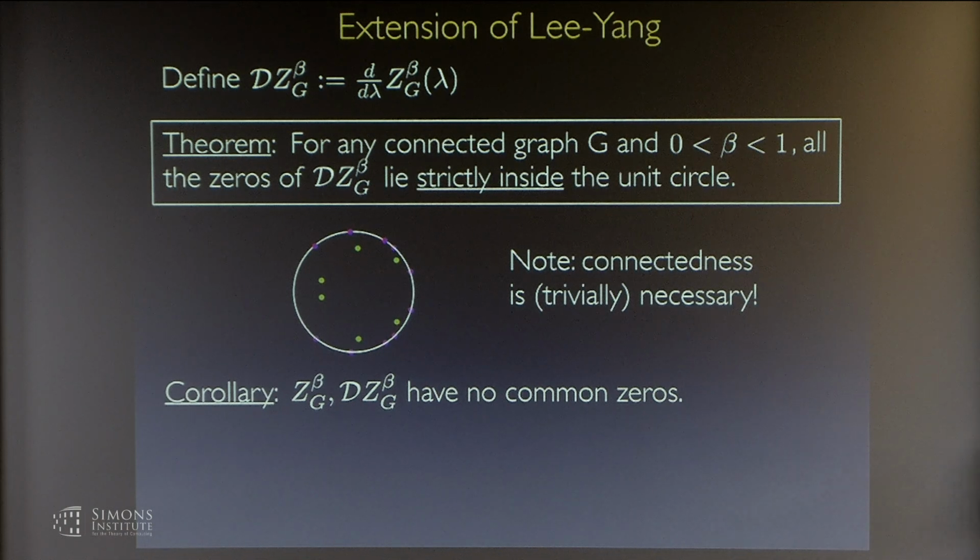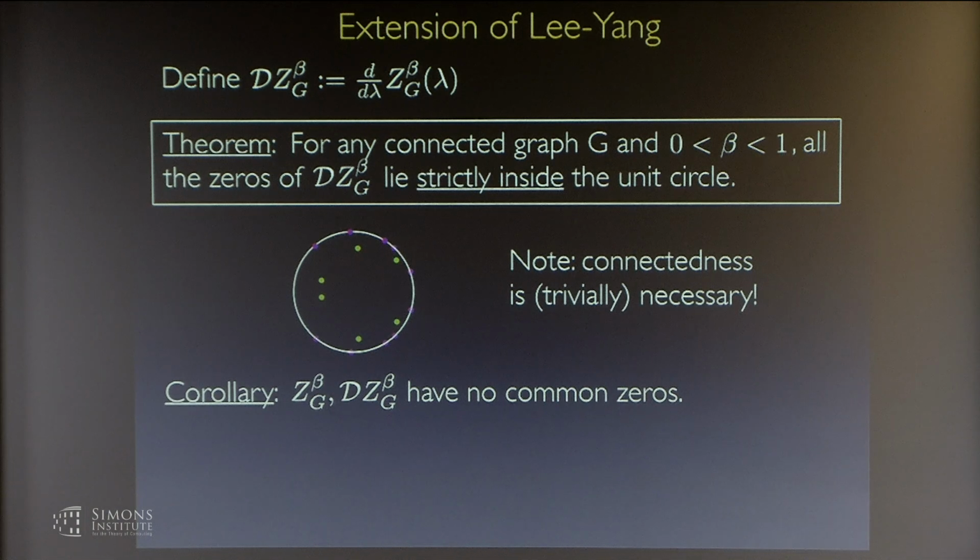When studying the geometry of polynomials, it's interesting to think about what happens to the zeros of the polynomials under natural operations, one of which is taking the derivative. So we know that this polynomial Z has the Lee-Yang property, so its zeros lie on the unit circle. Where do the zeros of its derivative lie?